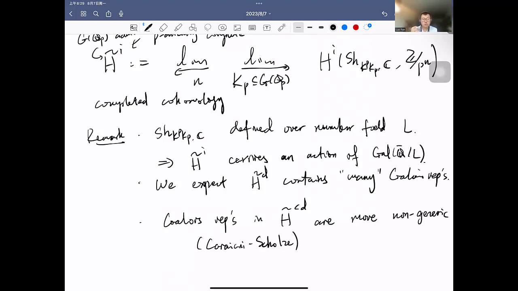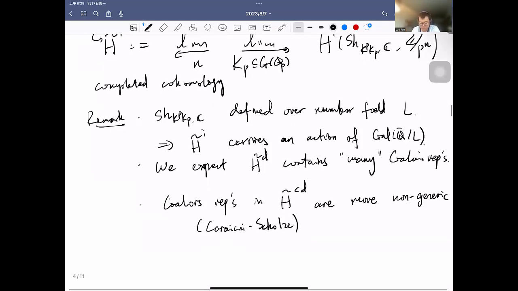So in this talk, we also want to prove some concentration, we want to kill the cohomology below the middle degree, but instead we just want to use the information at p. So far, I only talked about the cohomology below or equal to the middle degree.